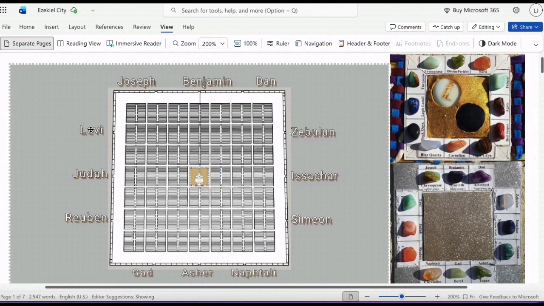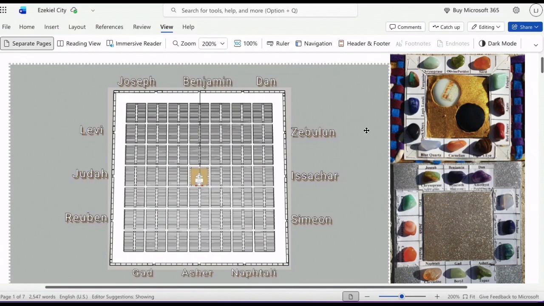Then in the north, we have Levi, Judah, Reuben, south, Zebulun, Issachar, Simeon, and over in the west, Gad, Asher, Naphtali. In another video, we'll explain how the functionality works within the entrance of the temple complex, but that's going to take a whole video in itself to explain.